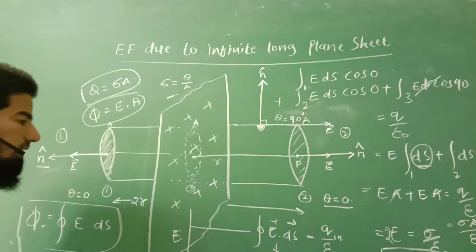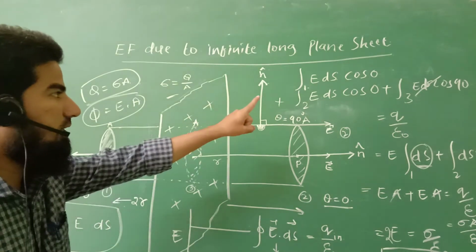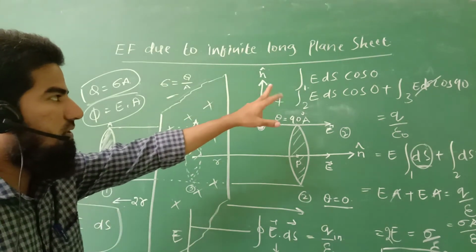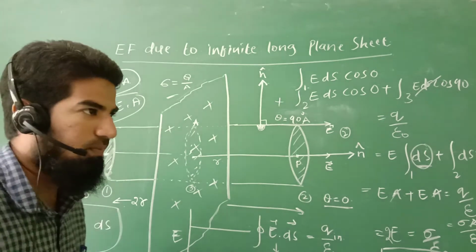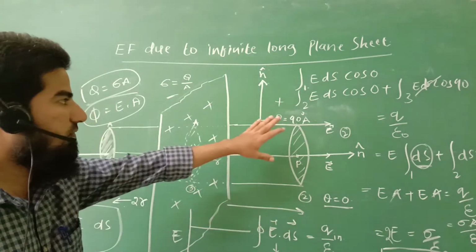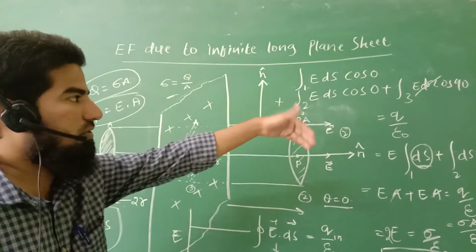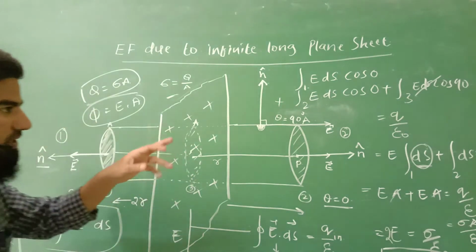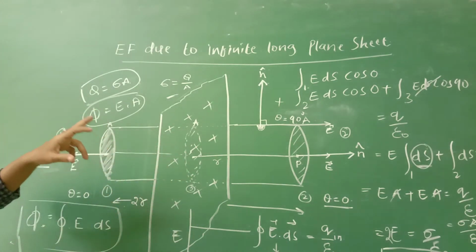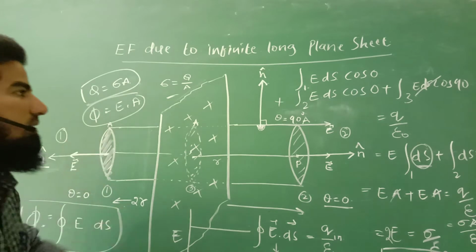So the first portion is the integration of EDS cos 0, and the second portion is EDS cos 0, plus the integration of the third portion EDS cos 90. We have taken three portions and added all of them.